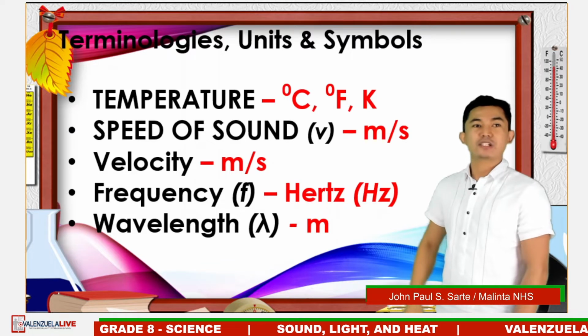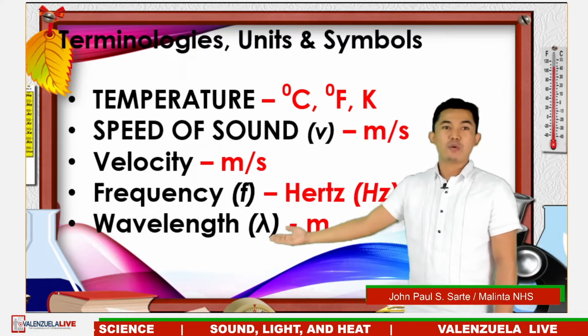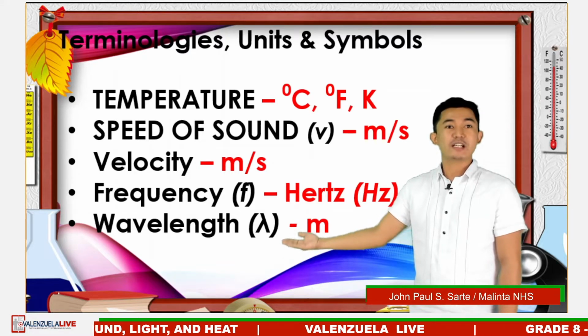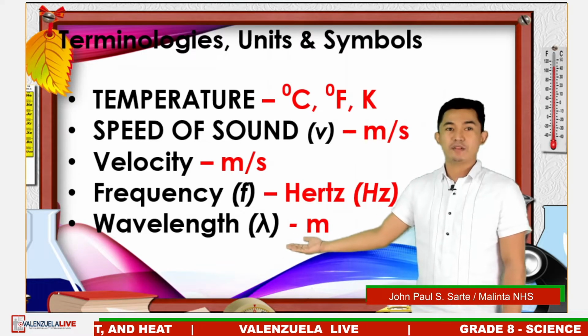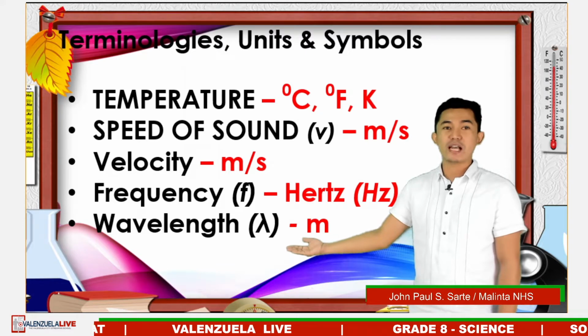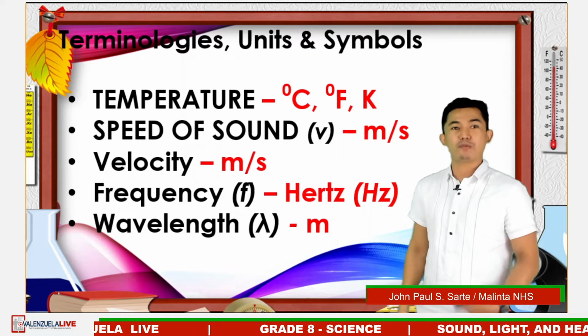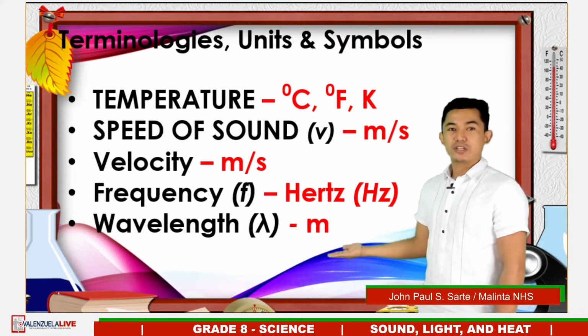And for the last terminology, that is wavelength. Wavelength has its own symbol, which is the inverted y, also known as lambda. And the unit for wavelength is meter.